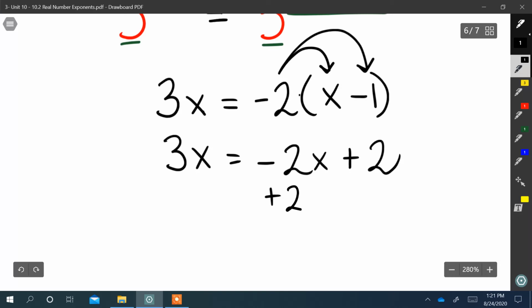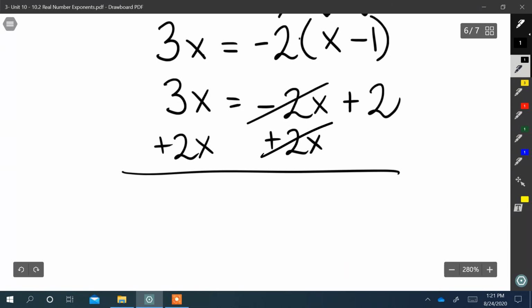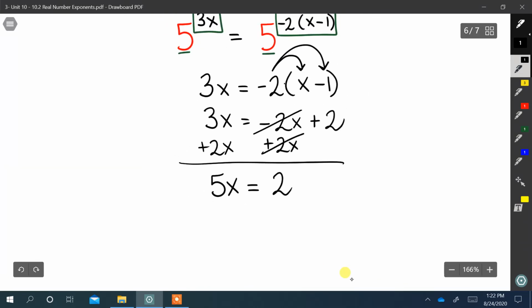Let's go ahead and add 2x on both sides so that this and this will cancel. We end up getting 5x is equal to 2. That means that x is equal to 2 over 5.